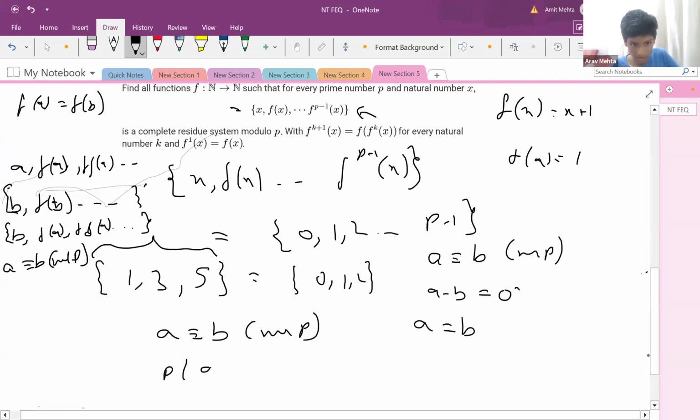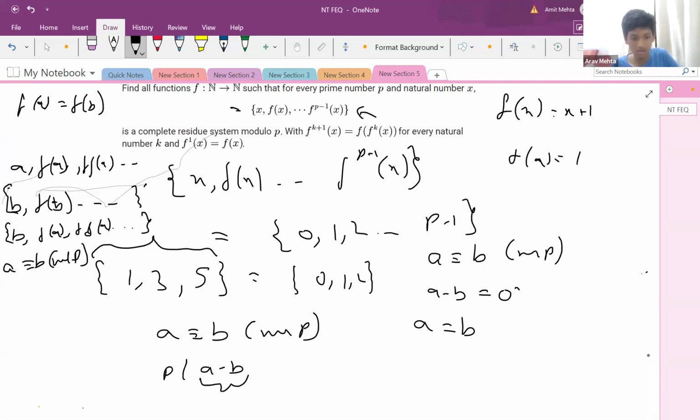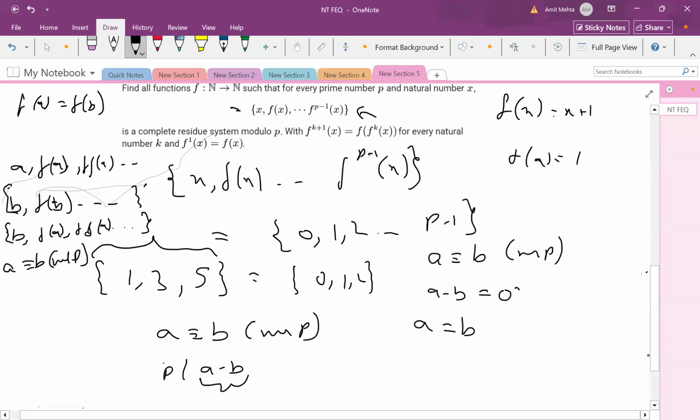Thus, p divides a minus b. Now this part is constant regardless of what I choose p to be, right? So I can choose p to be something like a million, much bigger than a minus b, and eventually it has to be 0, right? For prime p1 there would be b1, and for a prime p2 there would be b2, the remainder. I'm not talking about remainders. I'm just saying that p divides a minus b.